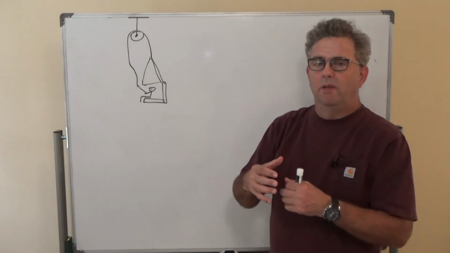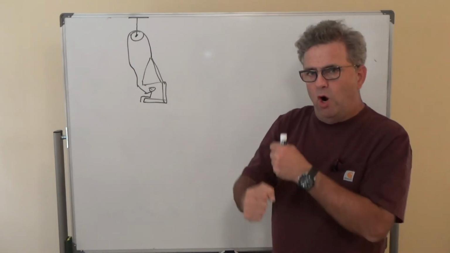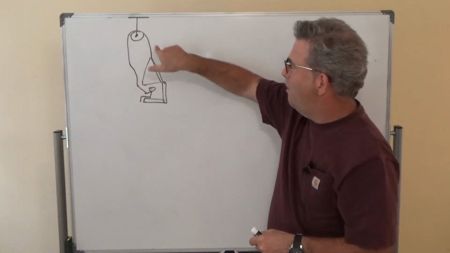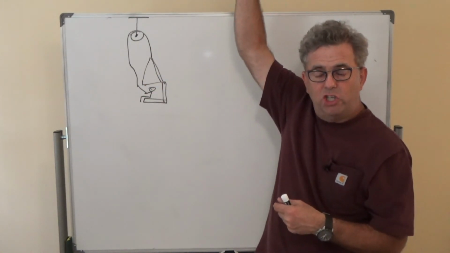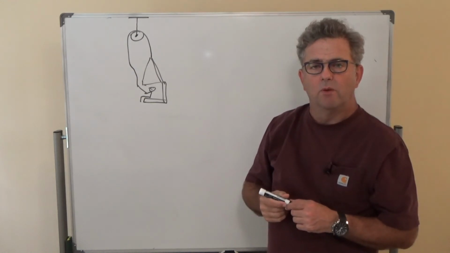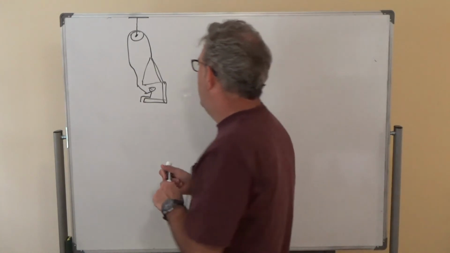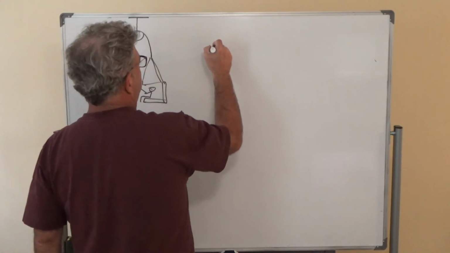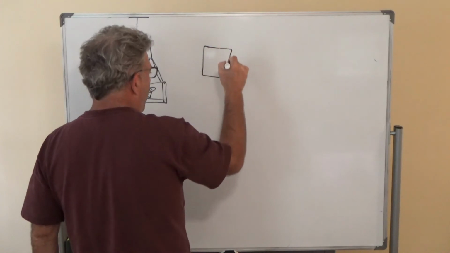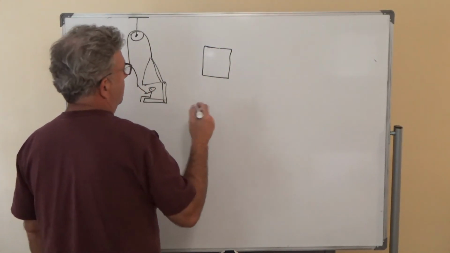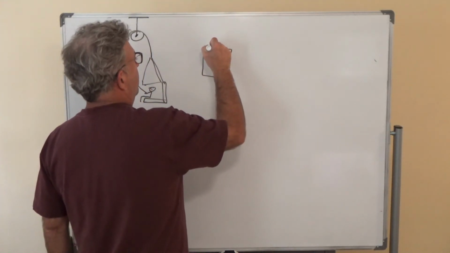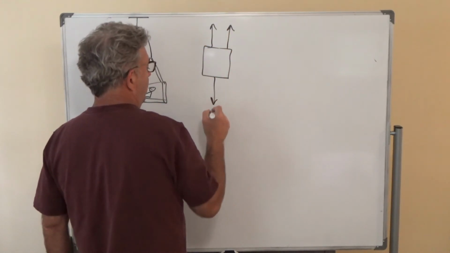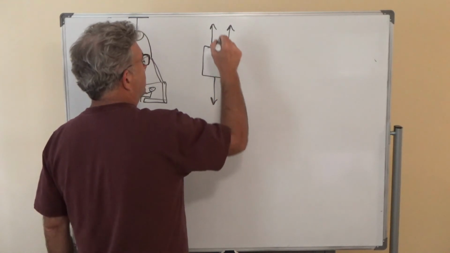So yeah, it's possible. When you're pulling on that rope, not only are you pulling yourself up, that rope is attached and it's pulling the chair up. Okay? So if you look at a free body diagram of the chair, plus Nick, plus the person, there are two upward forces and one downward force.